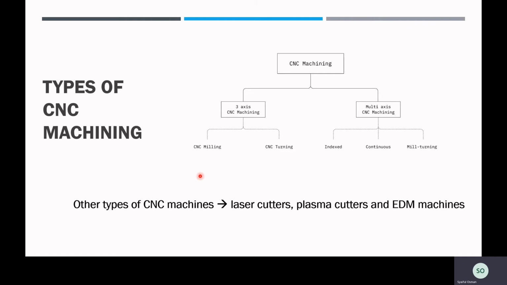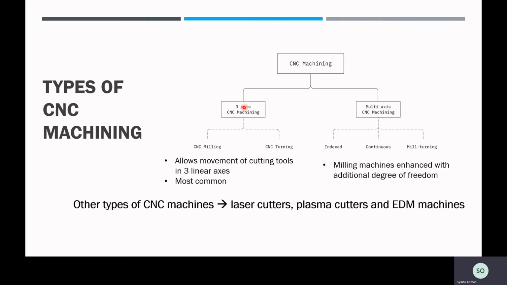These basic machines allow the movement of a cutting tool in three linear axes relative to the workpiece: left to right, back and forth, and up and down. Three-axis CNC milling machines are very common as they can be used to produce the most common geometries. They are relatively easy to program and operate, so the startup machining costs are relatively low.